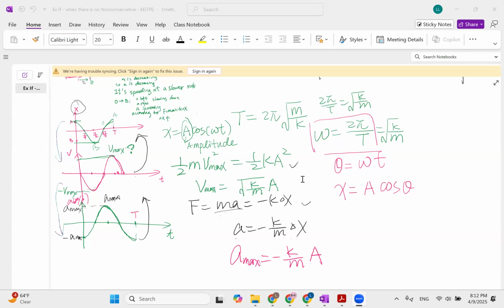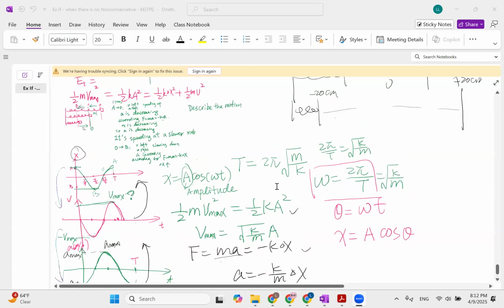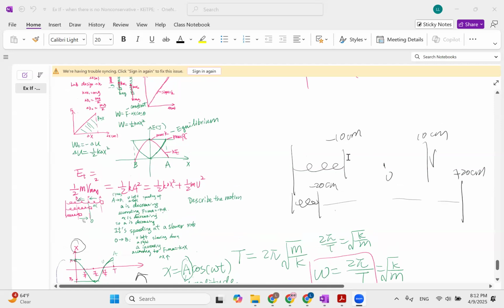So remember, the period does not depend on the amplitude. If you stretch it to 10 centimeters, release, going back and forth, the period would be the same as when you release at 20 centimeters. If the amplitude changes, the period doesn't change.